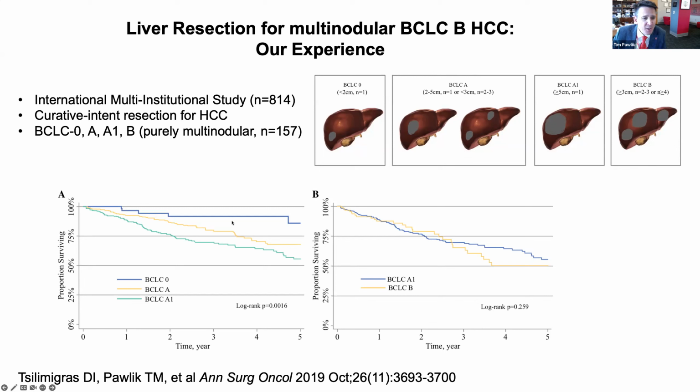And what was interesting, and perhaps not surprising, is that when you look at 0, A, and A1, there's clearly a stratification with regards to long-term prognosis as stage goes up.